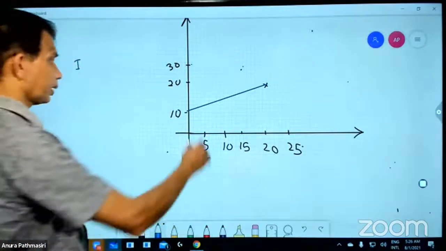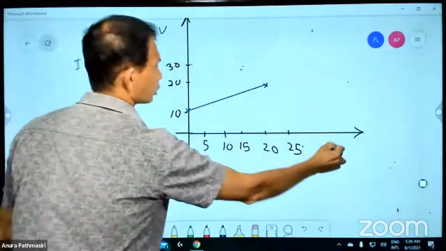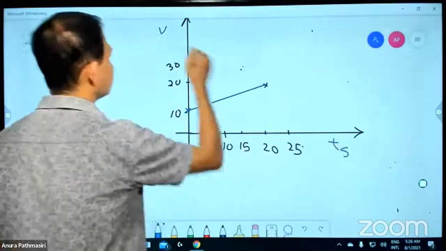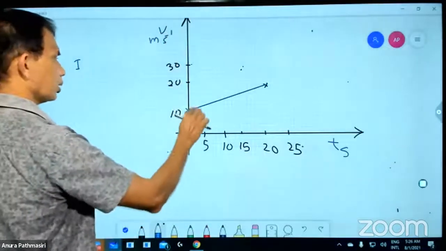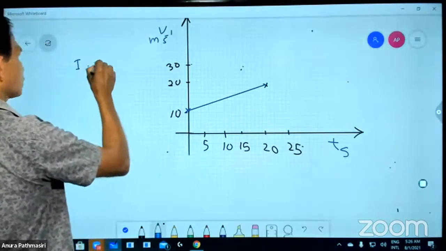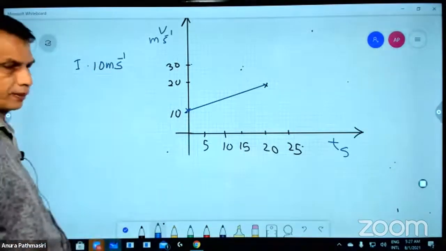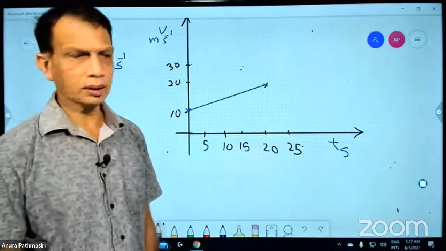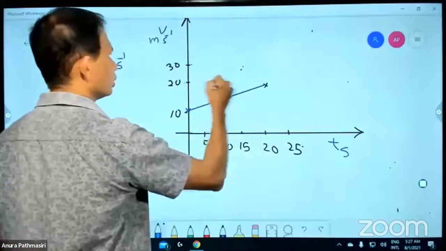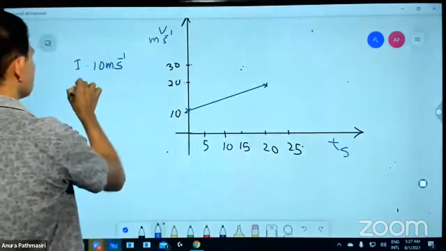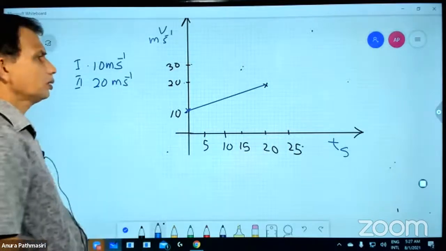This is velocity in meters per second and time in seconds. The initial velocity is this one and it is 10 meters per second. What is the final velocity? When time is 20 it is 20 meters per second.